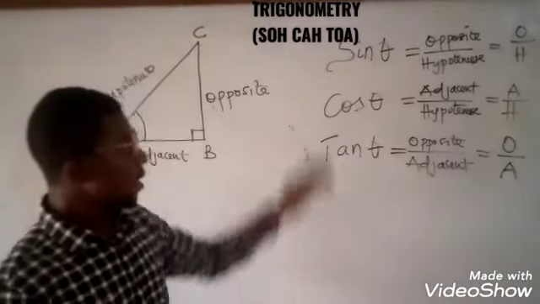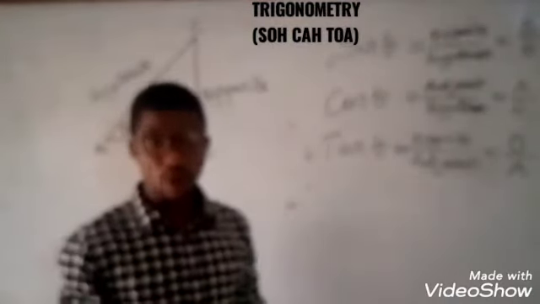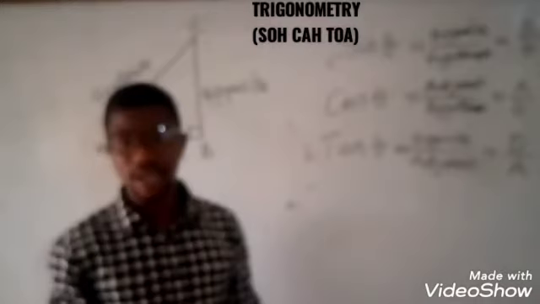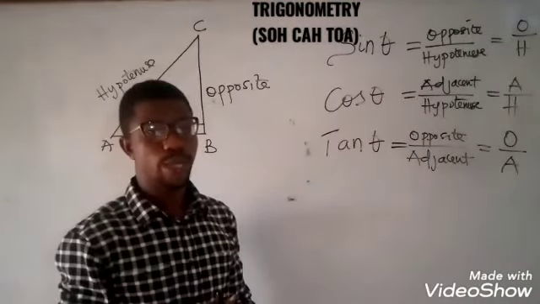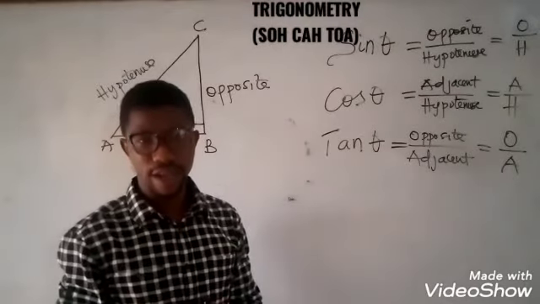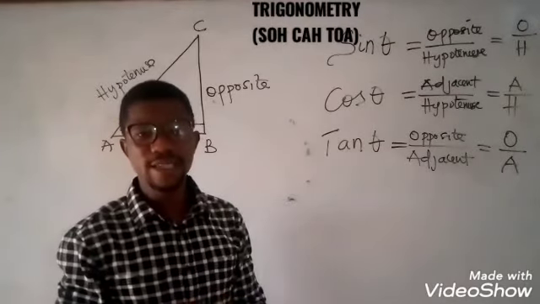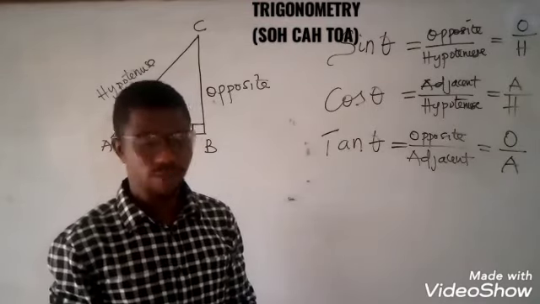So by looking at these trig ratios, we can condense the formulas into a unified formula which can be memorized to help ease solutions in trigonometry.